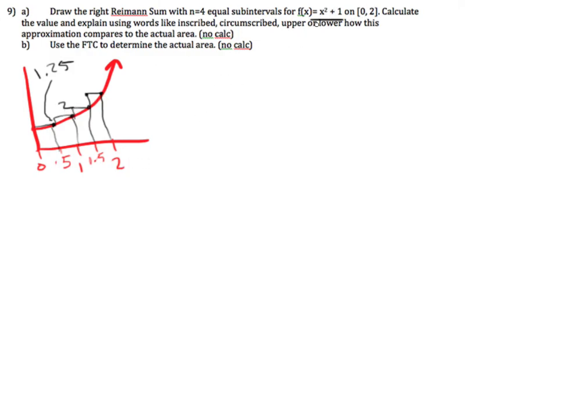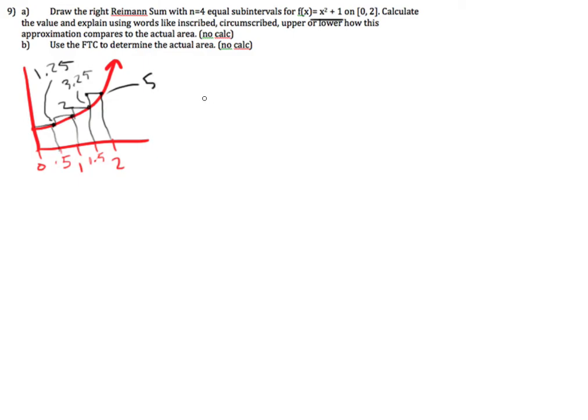Okay, 1.5 squared is 2.25 plus 1. We're going to get 3.25 right there. Then our last endpoint right there, that height is going to be 2 squared is 4 plus 1 is 5.